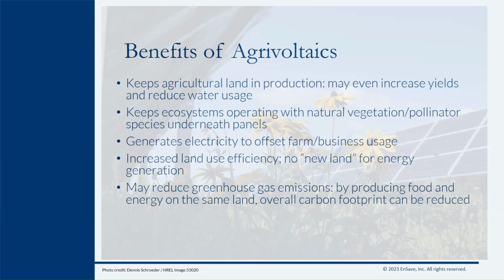It keeps ecosystems operating, again, with natural vegetation and pollinator species underneath panels. So you don't have to just have a bare ground, dirt floor underneath these systems. There are specific species that thrive well in the shade. Another great benefit, of course, with the PV system is that it is going to generate electricity to offset your farm or small business usage.